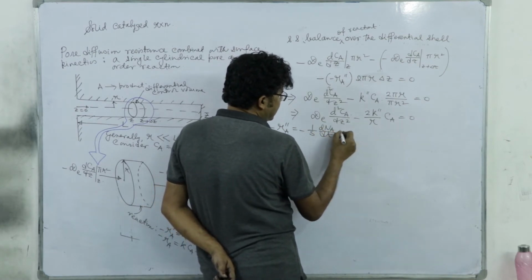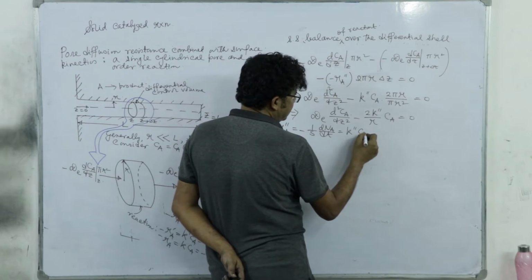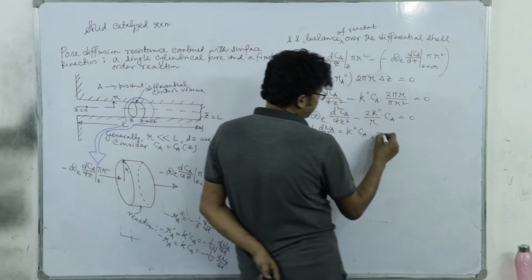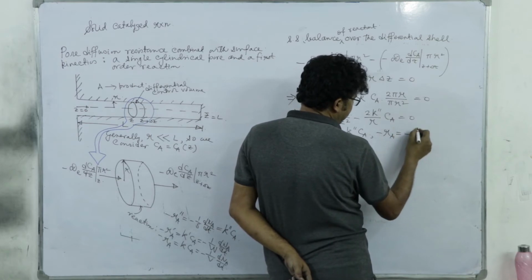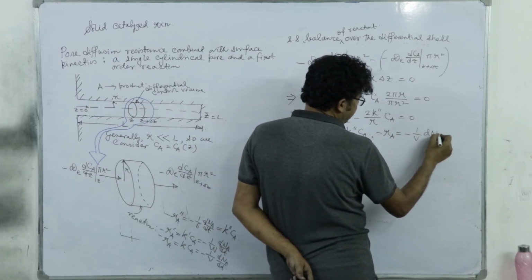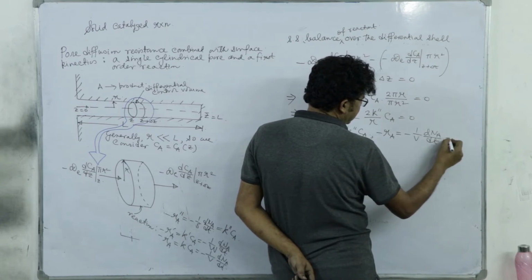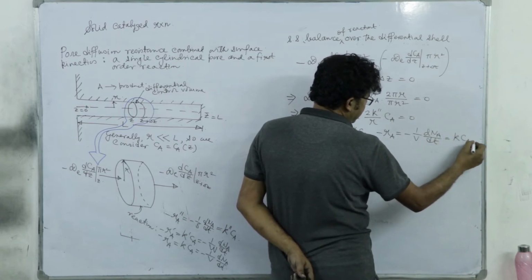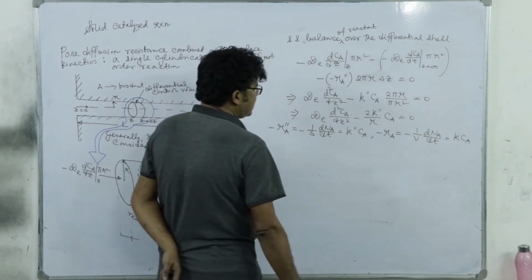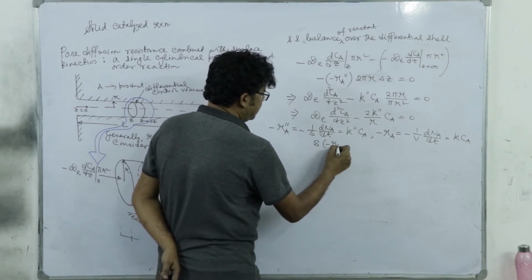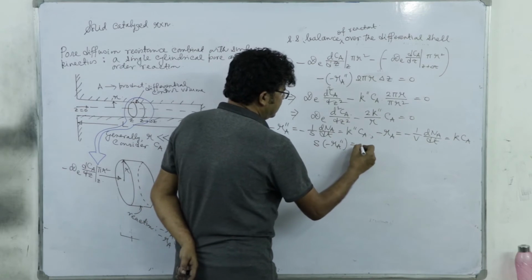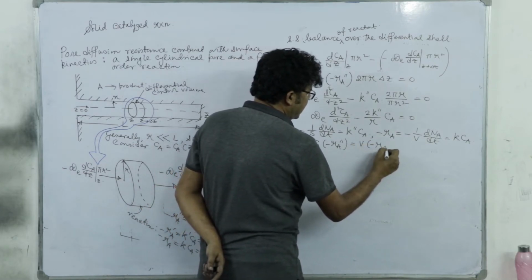Now, you see this minus Ra double prime is equal to minus 1 by S dNA dt equal to k double prime into Ca, whereas minus Ra is 1 by V, based on the volume of the reactant, dNA dt equal to k Ca. So, we can just write S into minus Ra double prime is equal to V into minus Ra.